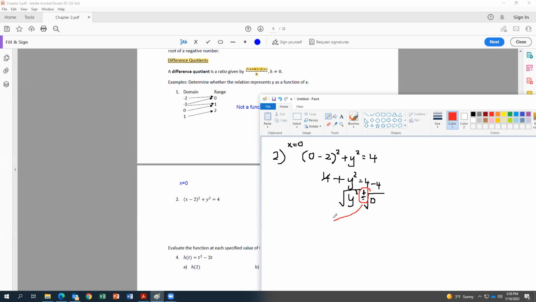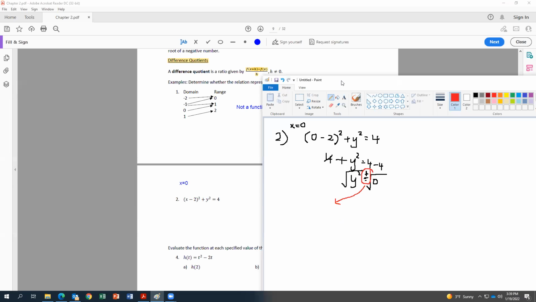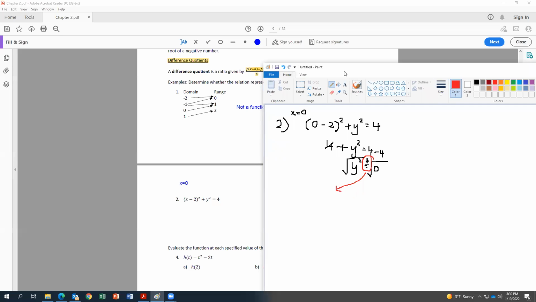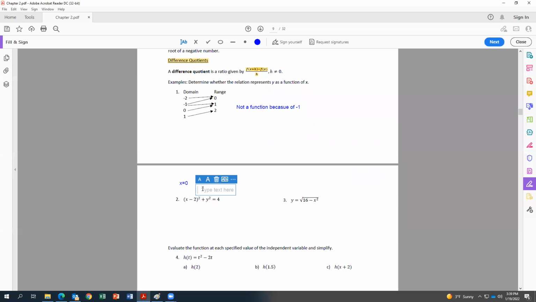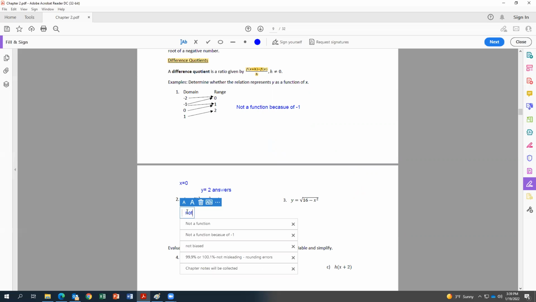How many answers will you get? One answer or 2 answers? So you will get 2 answers in this case. So since you get 2 answers for y, in this case, this is not a function.